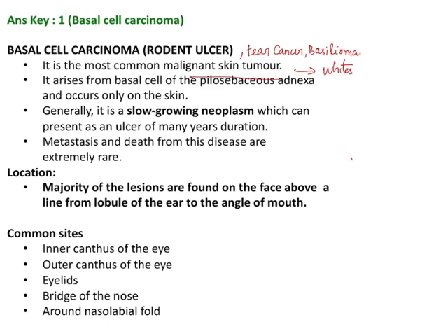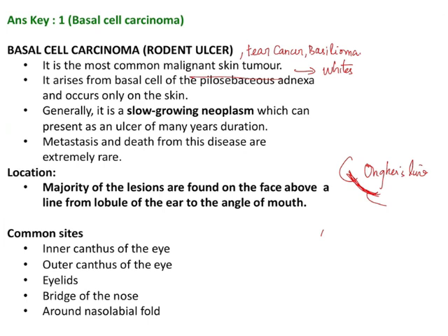The ideal location of this BCC: the majority of the lesions are found above a line connecting the lobule of the ear to the angle of the mouth. This line is called Ongar's line. Mostly these BCCs are found above this line.